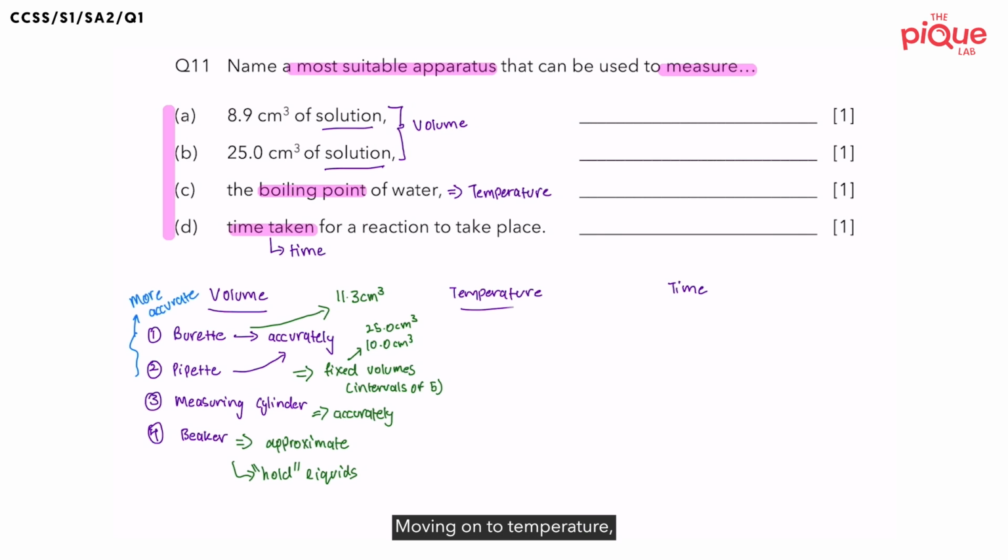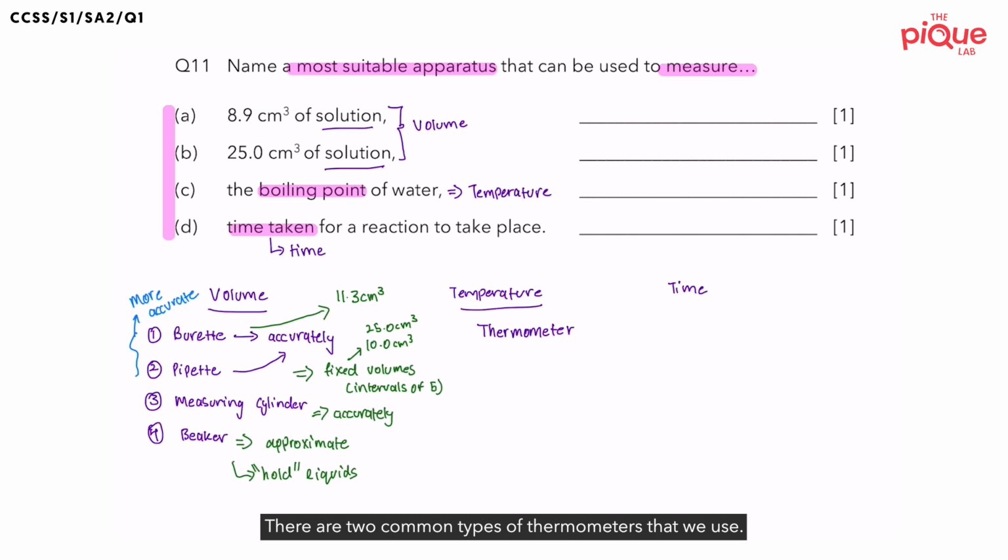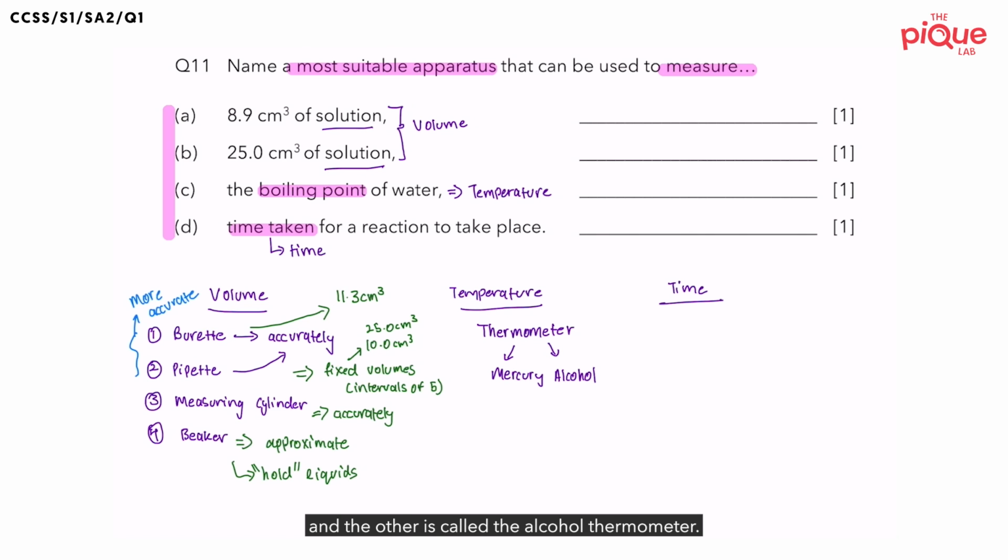Moving on to temperature. What apparatus can we use to measure the temperature? We use the thermometer. There are two common types of thermometers that we use. One is called the mercury thermometer, and the other is called the alcohol thermometer. Now moving on to the last and final physical quantity here, we have time. And oftentimes when we want to measure time, we will use a stopwatch. Again, for the stopwatch, there are two common types of stopwatches.